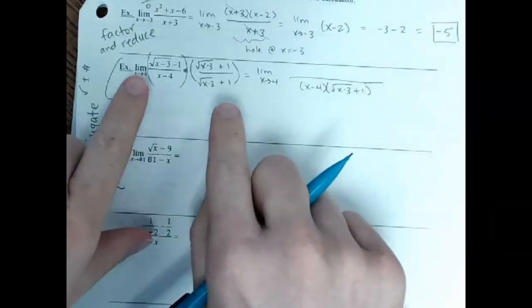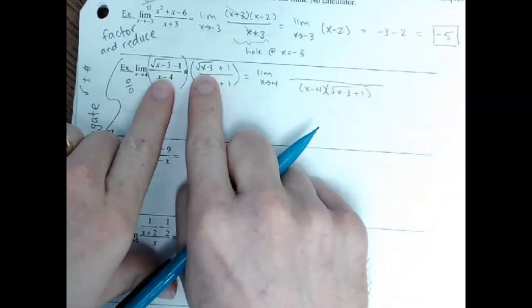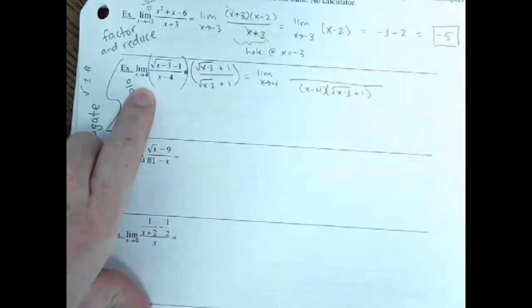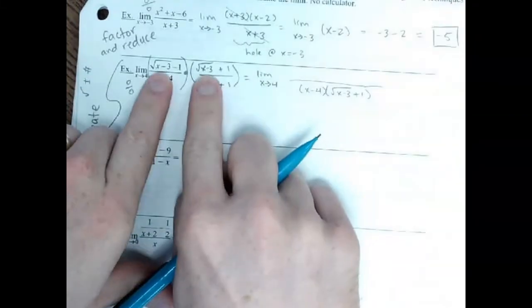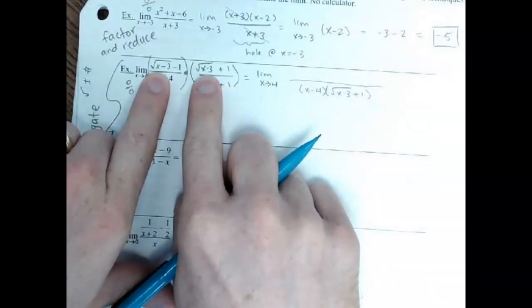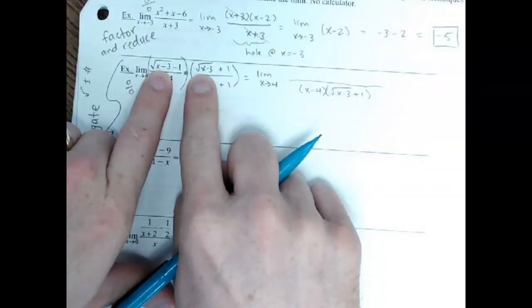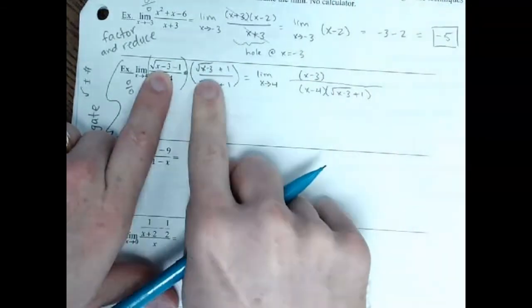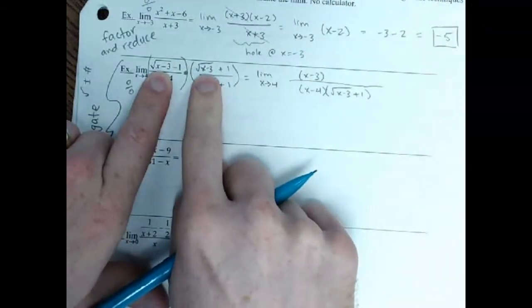Here we're going to multiply this out, so just like FOIL, you do first, outside, inside, last, or if you want to distribute, that's the same thing. But here we go. I've got the square root of x minus 3 times the square root of x minus 3. Well, the square root of something times that exact same square root of something, the square roots are just going to cancel, leaving me the term inside, which is x minus 3.